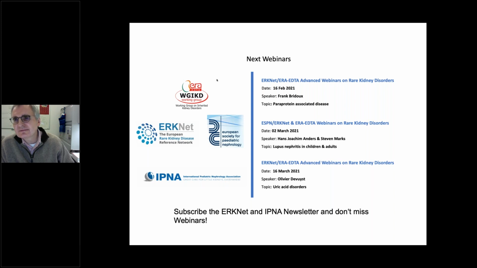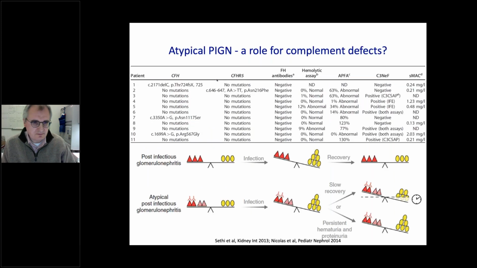I was trying to group the questions together, and actually 3 questions addressed the potential overlap between C3 glomerulopathy and post-infectious GN. Vaishali More asked, should one consider C3GN in recurrence of post-infectious GN?